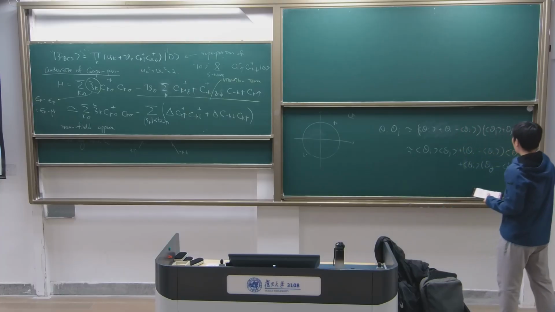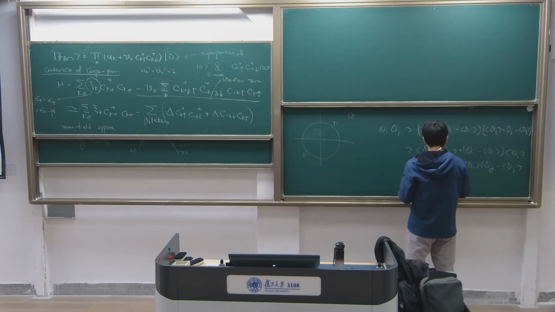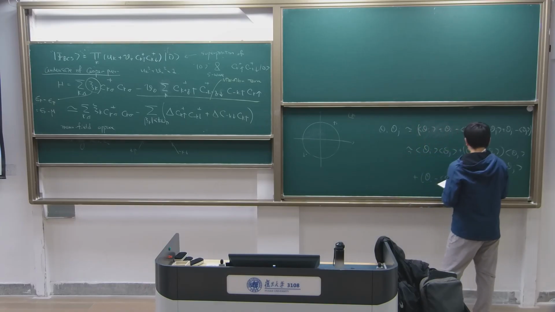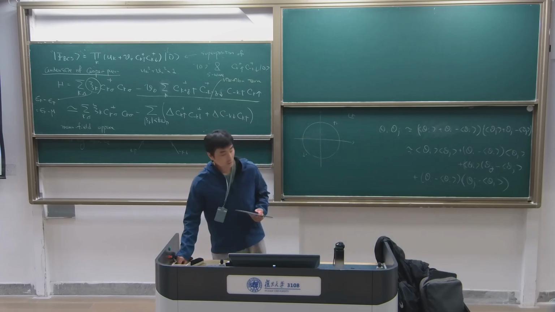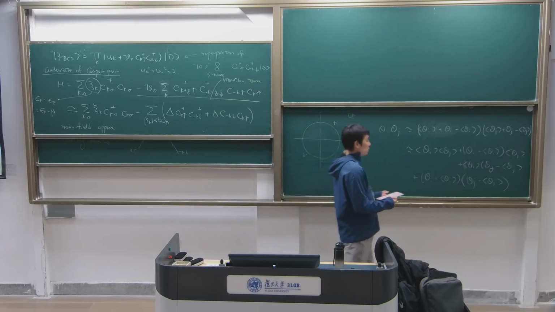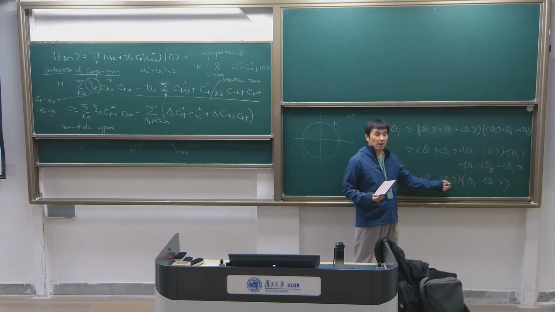And then the quadratic term, we know the fluctuation is very small. So we assume the fluctuation is very small. So essentially we have a mean field value, the expectation value, and a deviation.